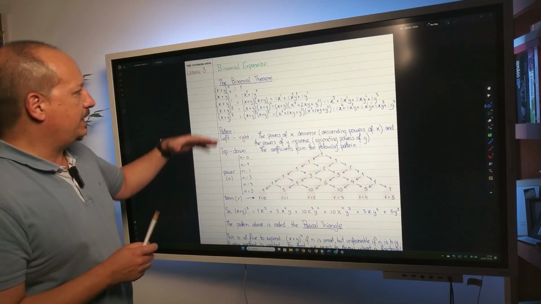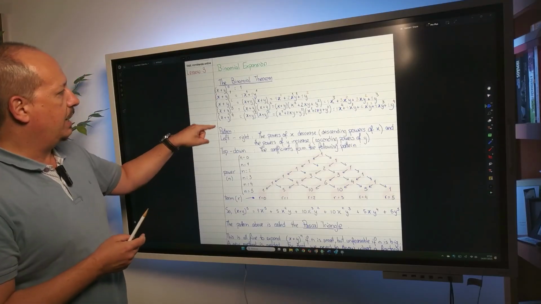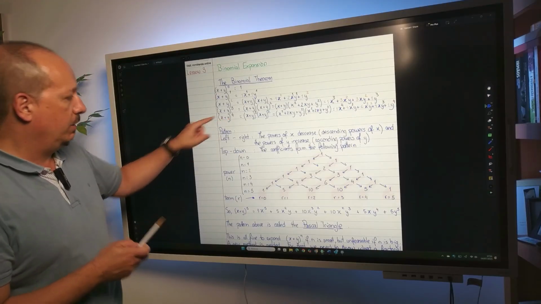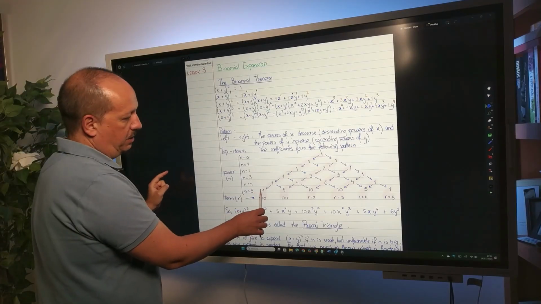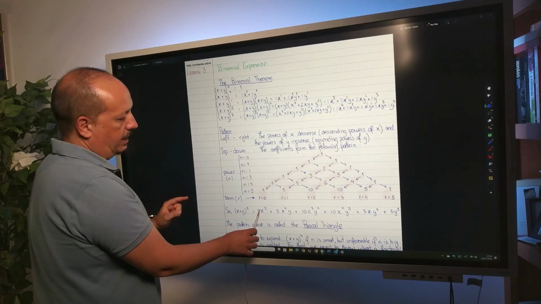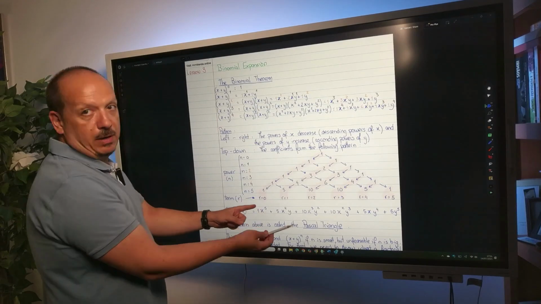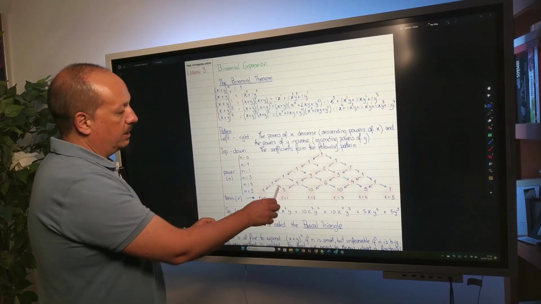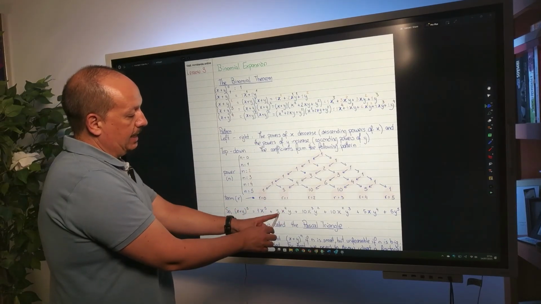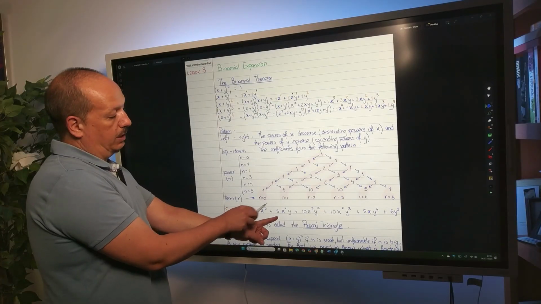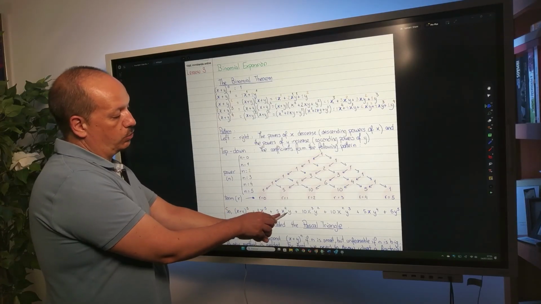So what would be the actual result of having x plus y to the power of 5? Well, the coefficients are here. For the first term, it would be 1 x to the power of 5, y to the power of 0, which I didn't write. The second term would be 5 x to the power of 4. It went down by 1. And the power of y goes up by 1.